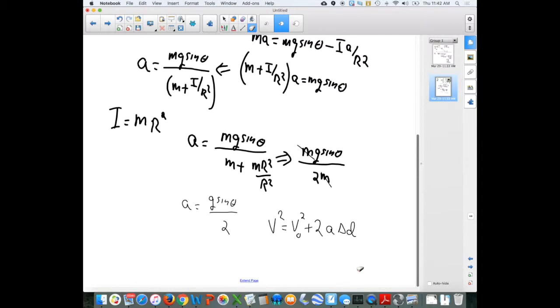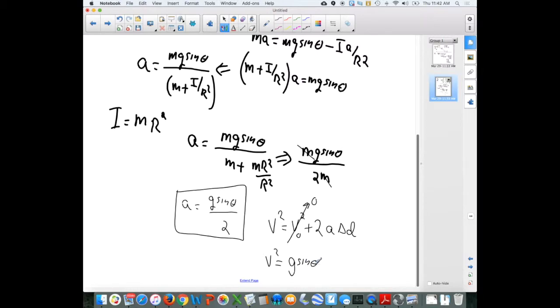Acceleration is this term right here, and the initial velocity was 0, so we're left with v squared is equal to g sine theta times 2 over 2 times delta d.